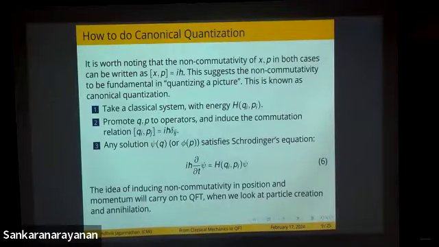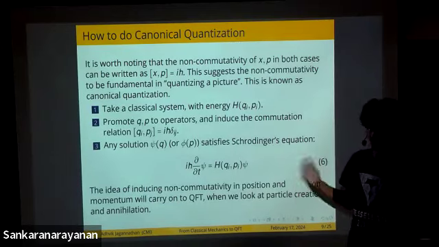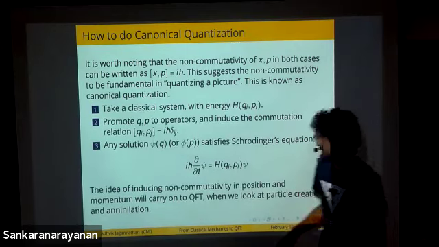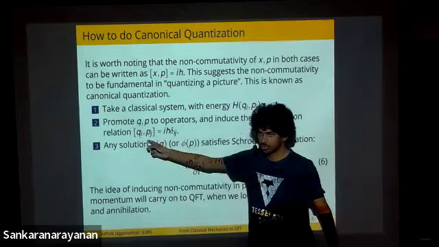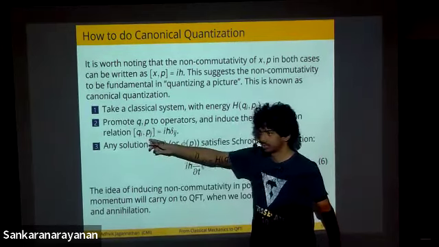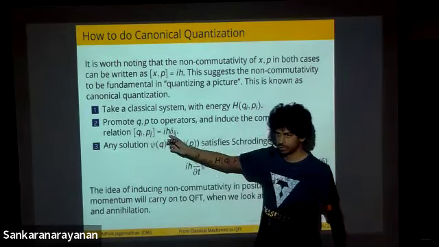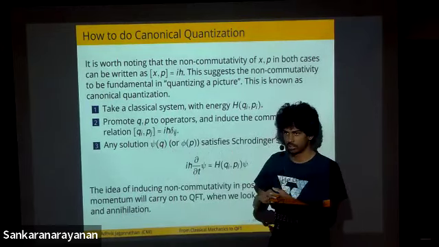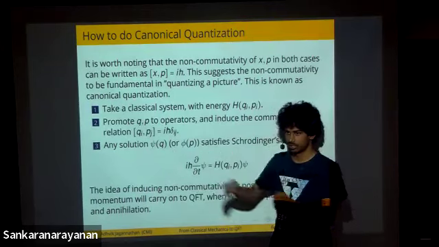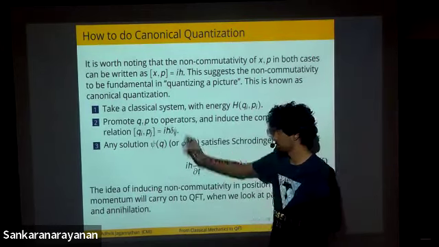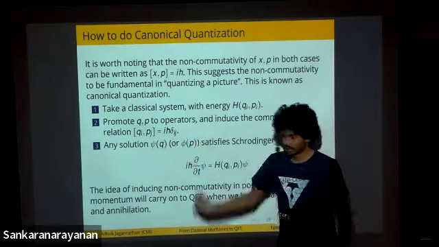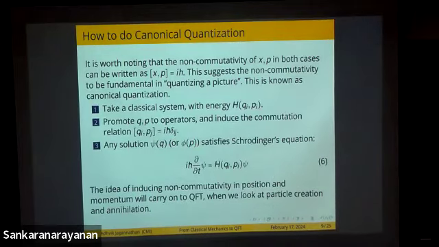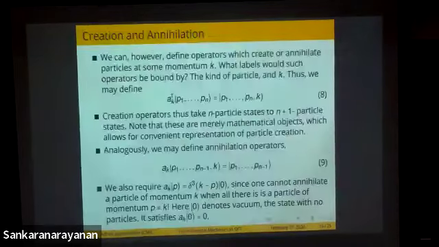So while doing canonical quantization, what you do is that the ith components of position and momentum are non-commuting, while the ith and jth for i not equal to j do commute, is something we impose. But we do a similar thing for quantum field theory as well.